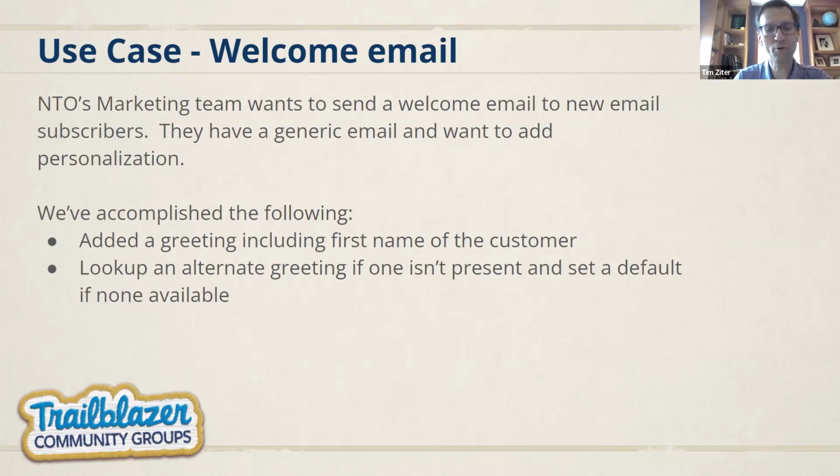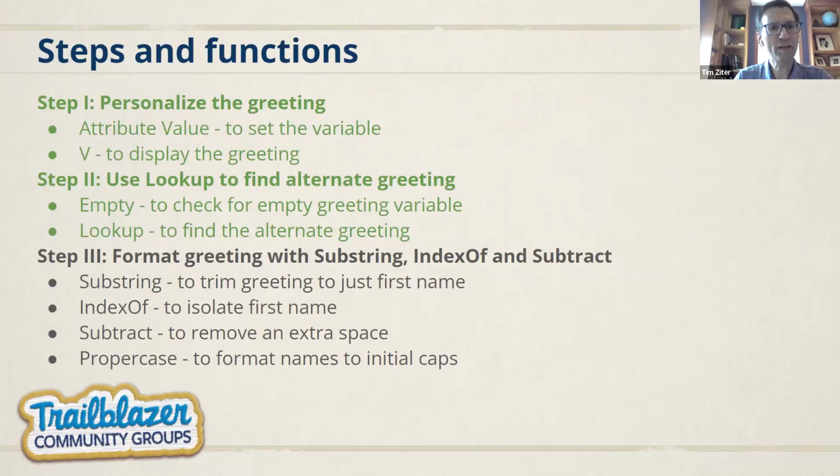So it should be relatively straightforward, but utilizing some cool AMPscript functions that we've already worked with in previous sessions. So this is what we covered in the first session, steps 1 and 2. And for the third session, we're going to be using the substring, index of, subtract function and proper case to do the formatting we just talked about.